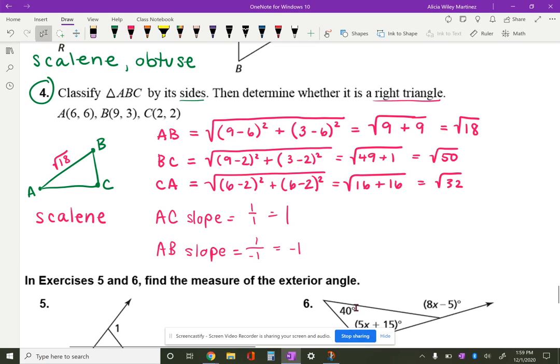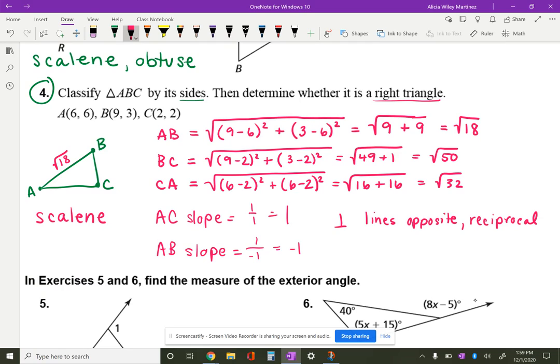The way that we know that we have a right angle is if we have perpendicular lines. Perpendicular lines will have opposite reciprocal slopes. So not only will they be opposite signs, but they will also be reciprocals.